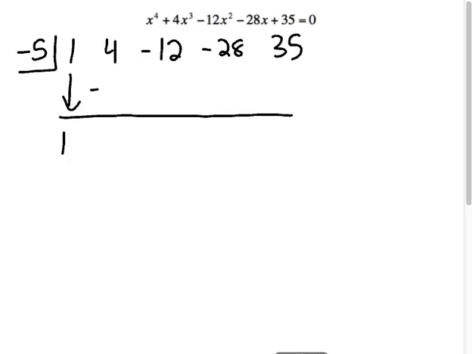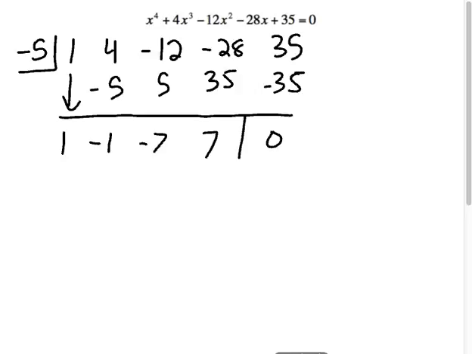Bring down my first number, multiply, add, multiply, add, then multiply. All right, then add, multiply, and add. So we knew we should be getting a remainder of 0. Okay, that's why we were doing this.